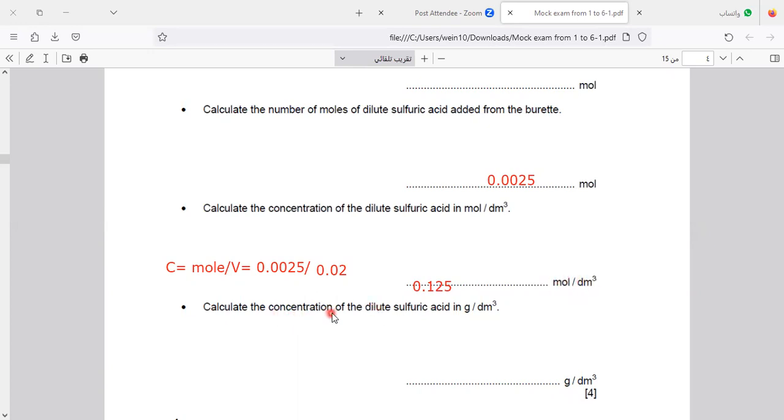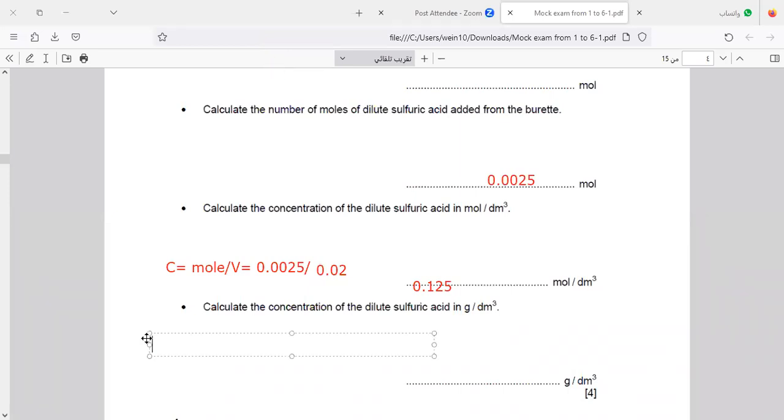He asked me here about the concentration in gram per cubic decimeter. I need to convert moles into grams because the cubic decimeters are the same here and here. I need to convert mole of the acid into gram of the acid. How can you convert mole into gram? By using the first triangle.